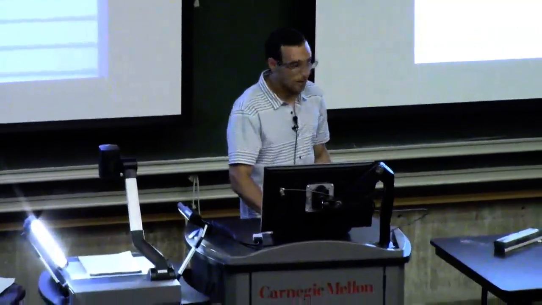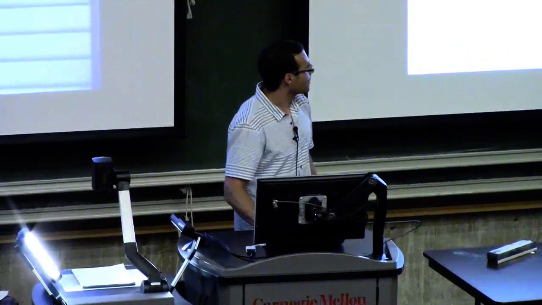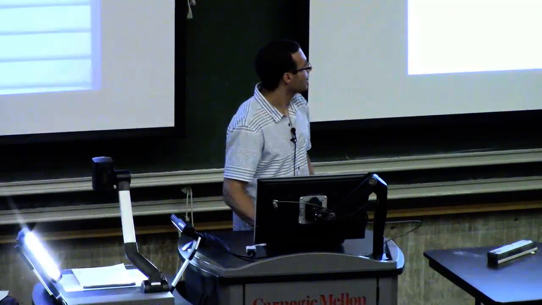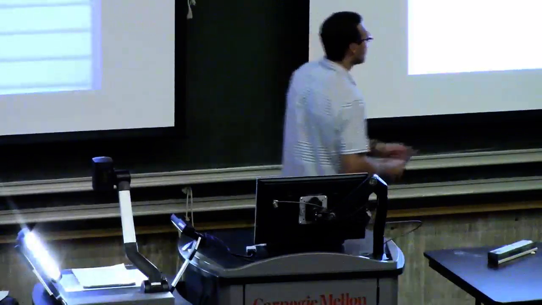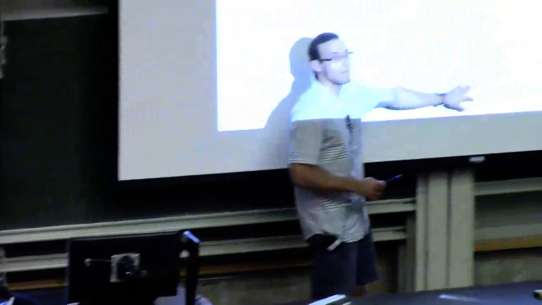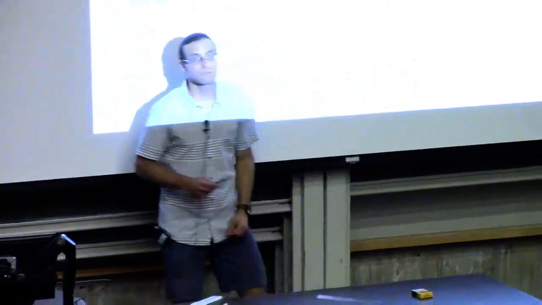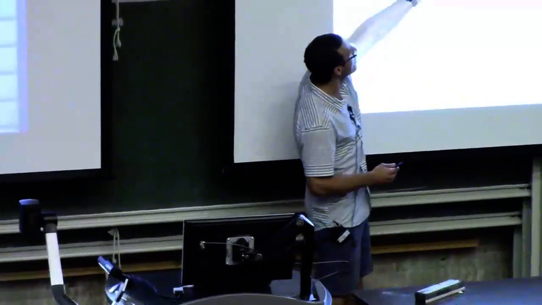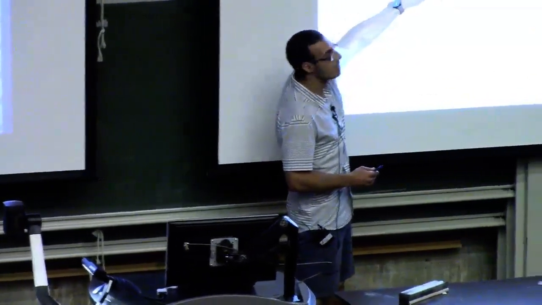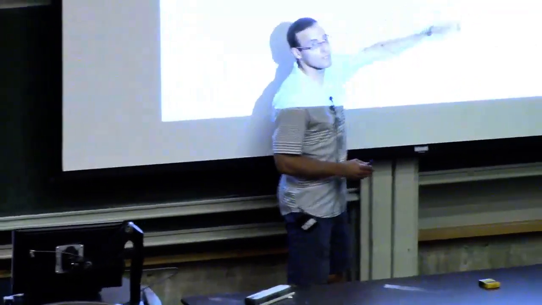This is the key property. If I take any 2 points on the graph of the function, and I look at the line segment joining those 2 points, the function value must lie below this line at every argument between x and y. That's what this is saying. F of tx plus 1 minus t y must be less than or equal to t f of x plus 1 minus t f of y.